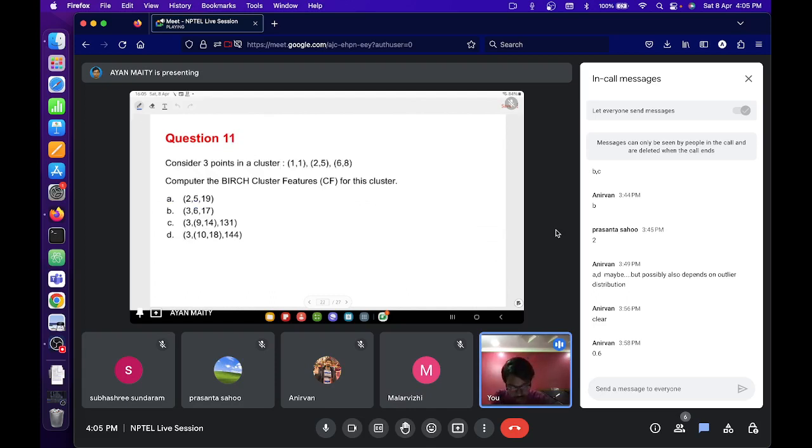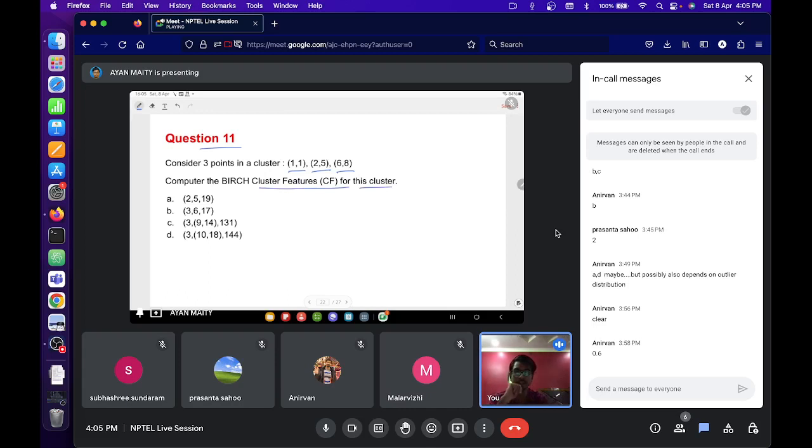Now moving on to question 11. This is on Birch. Consider 3 points in a cluster: 1 1, 2 5, 6 8. So these 3 points belong to a single cluster in Birch. Now compute the Birch cluster features for this cluster.